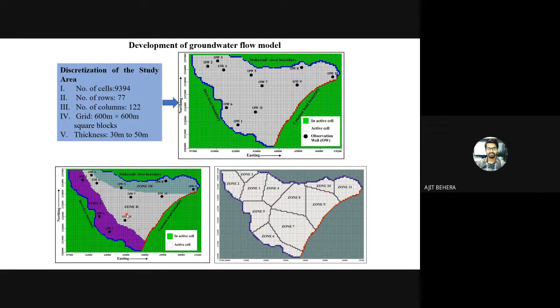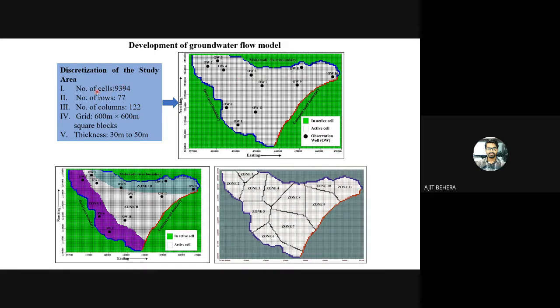So I have used Visual MODFLOW to develop this groundwater model. I have already told you that I have used Visual MODFLOW, one of the groundwater modeling software. In that software, this is the study area. We have discretized this area into several grids or cells.